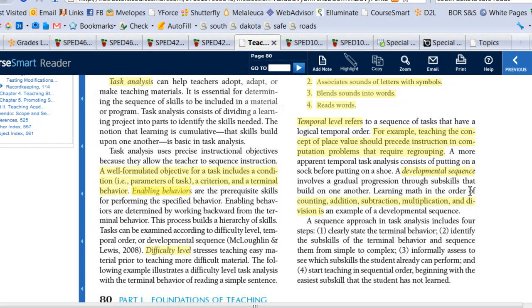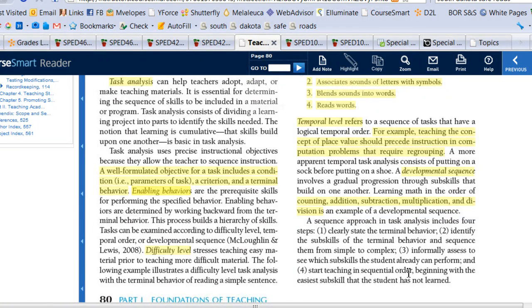A developmental sequence involves a gradual progression through subskills. Like this, in order of counting and then adding and then subtracting, multiplying, division. You know, that's a pretty accepted way. First you count, then you're able to add, then subtract, then multiply, and then divide.